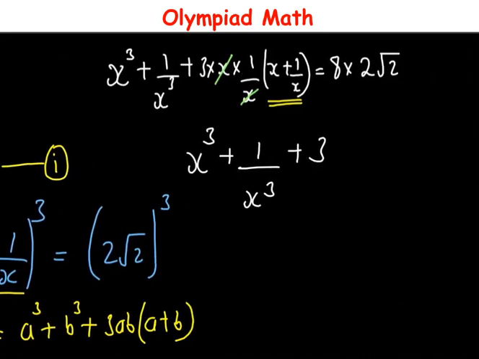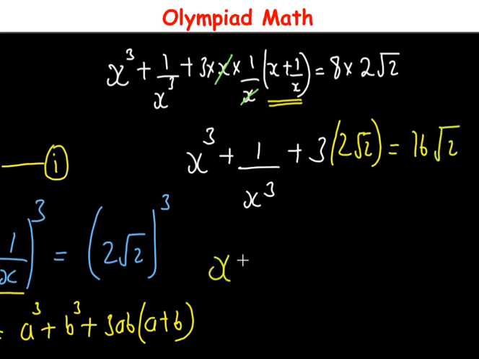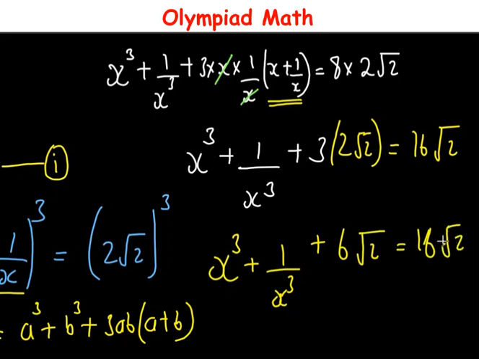So right here, this becomes times 2 root 2, and this equals 8 times 2 is 16 times root 2. So from here, x raised to power 3 plus 1 over x cubed, then plus 3 times 2 is 6, 6 root 2 equals 16 root 2.